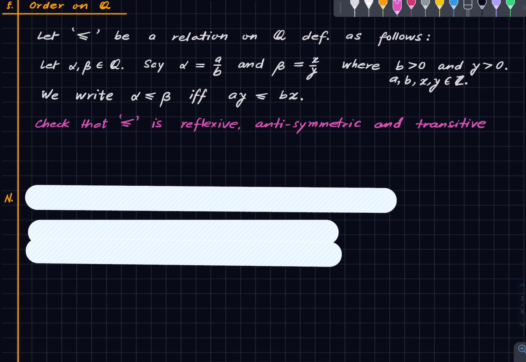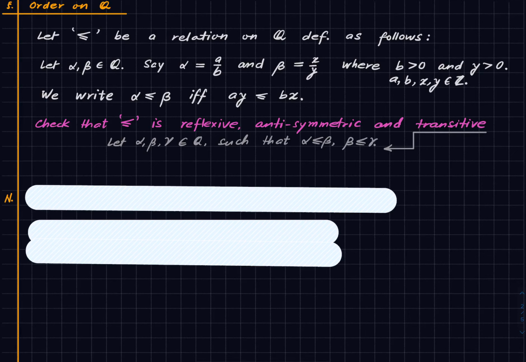Let me say a few words about transitivity. To justify transitivity, let alpha, beta, gamma be rational numbers such that alpha is less than or equal to beta and beta is less than or equal to gamma. We want to show that alpha is less than or equal to gamma.